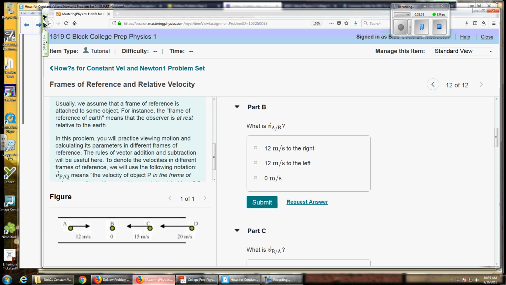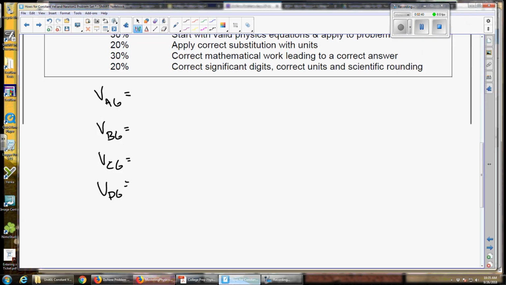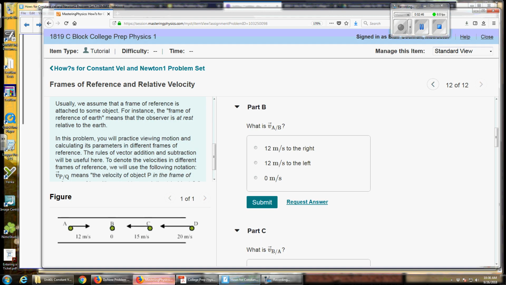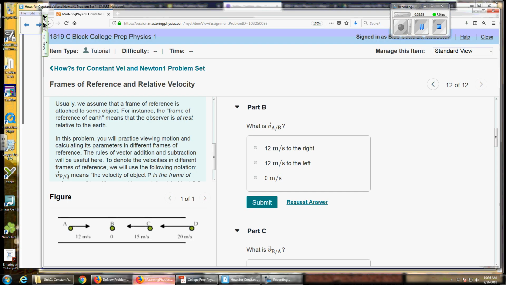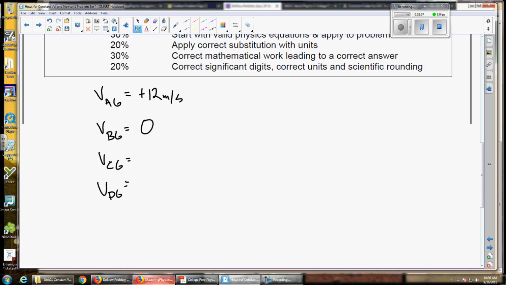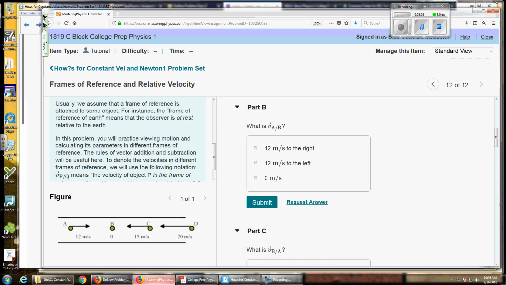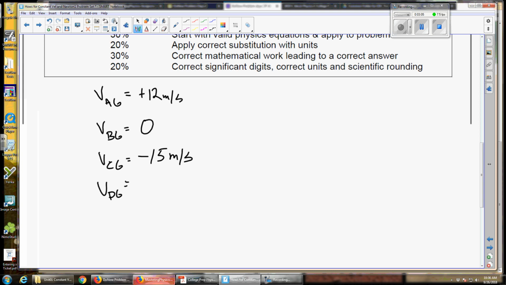That means A is positive 12 meters per second, A to the ground. B to the ground is 0. C to the ground is negative 15. D to the ground is negative 20.